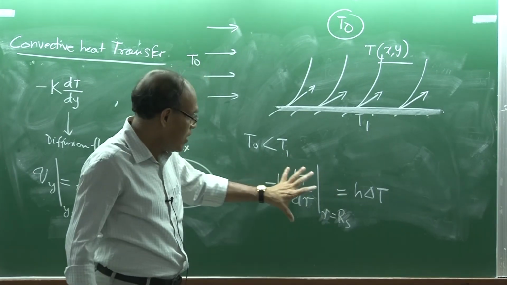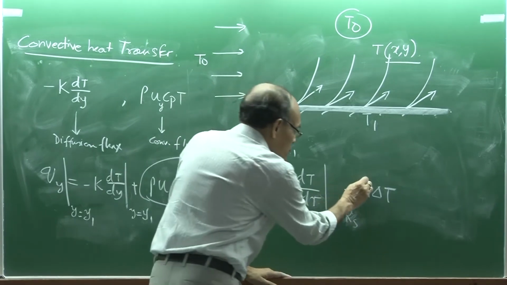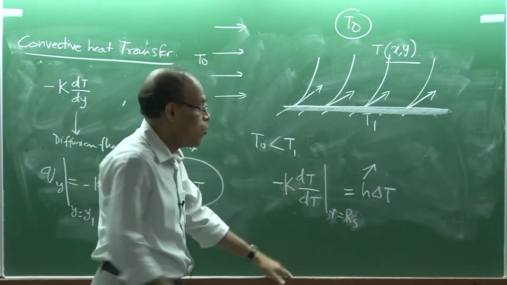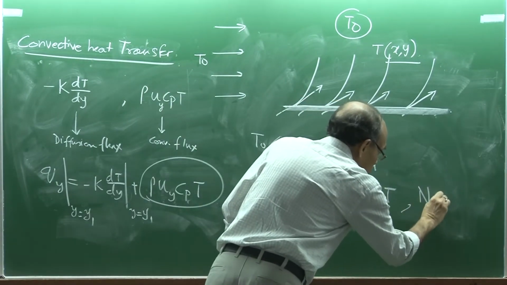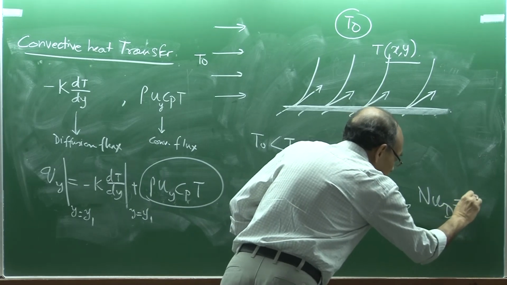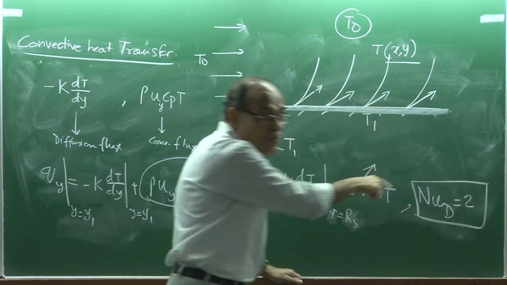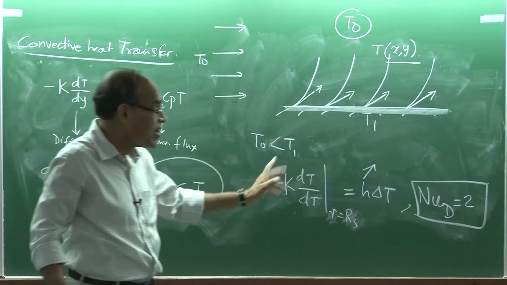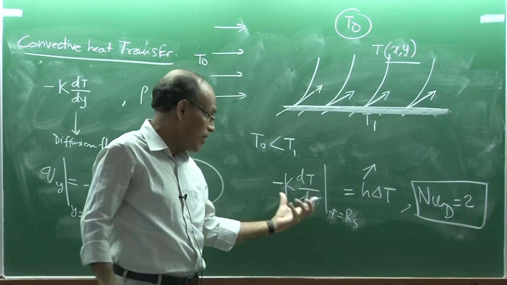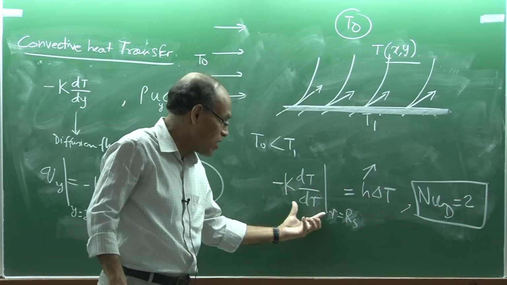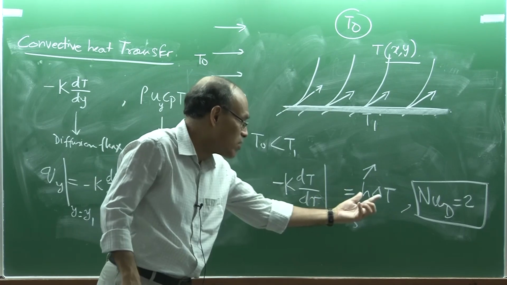So, the slope is given in terms of the heat transfer coefficient, which I talked about when I discussed in the class what Nusselt's number is. This expression, if you remember, I derived in the class, and in that context I defined that the gradient, or the conduction heat flux at the surface, is given in terms of h.